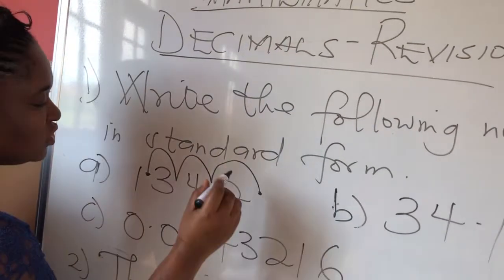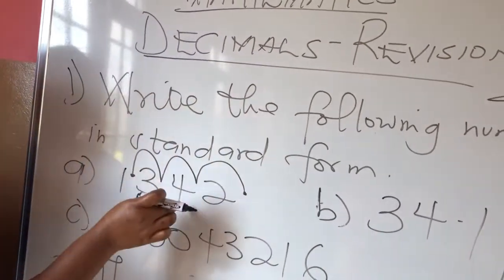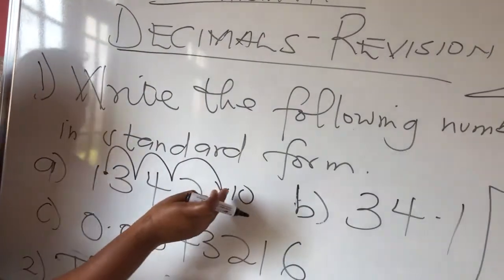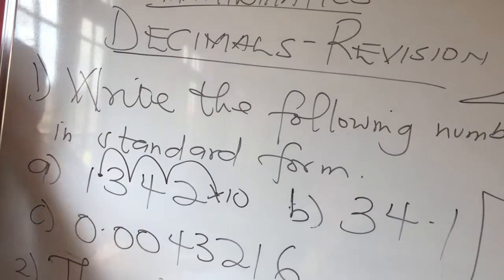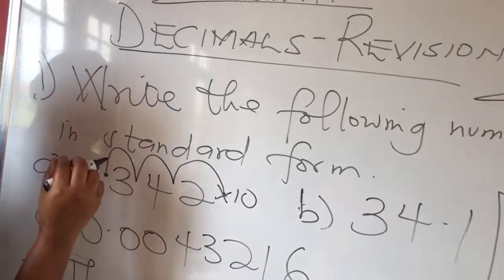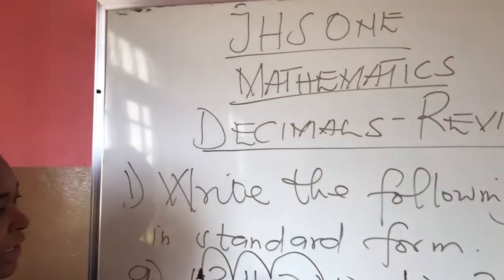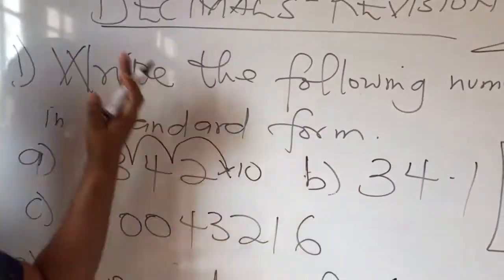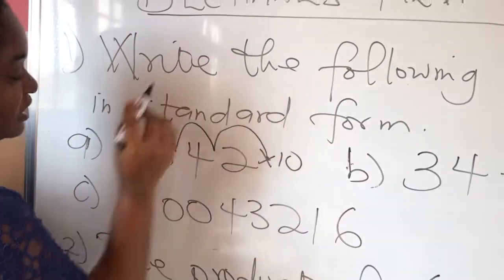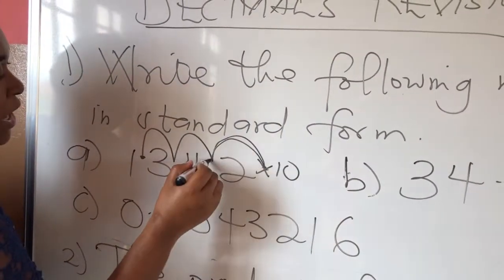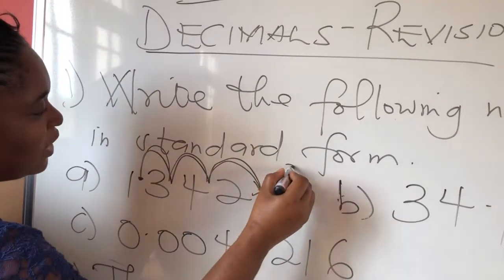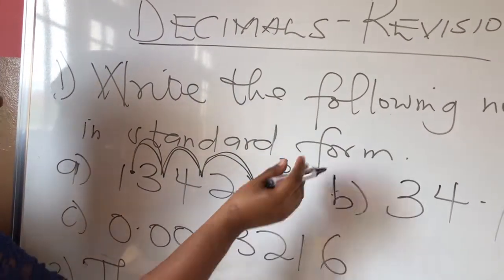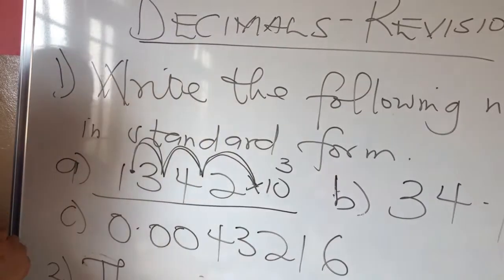So now we have 1.342 times 10 raised to the power what? We move from the right to the left. So our power must be positive. How many times did we move? 1, 2, 3. So 1.342 times 10 raised to the power 3. So this is your answer.